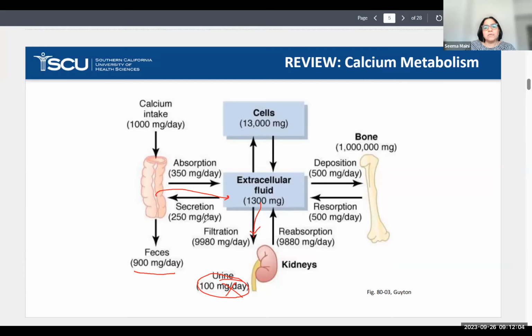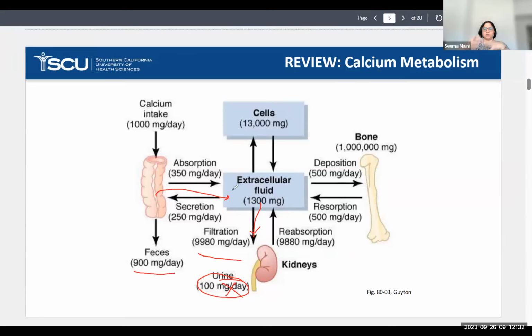So you can always shift the balance between the gastrointestinal tract and the excretory system, the kidneys. Around 10,000 milligram is filtered, 100 milligram is removed and 9,880 milligram is reabsorbed. Make sense?